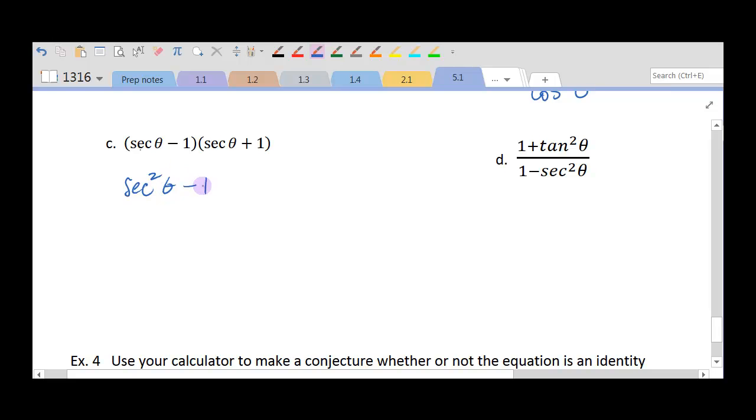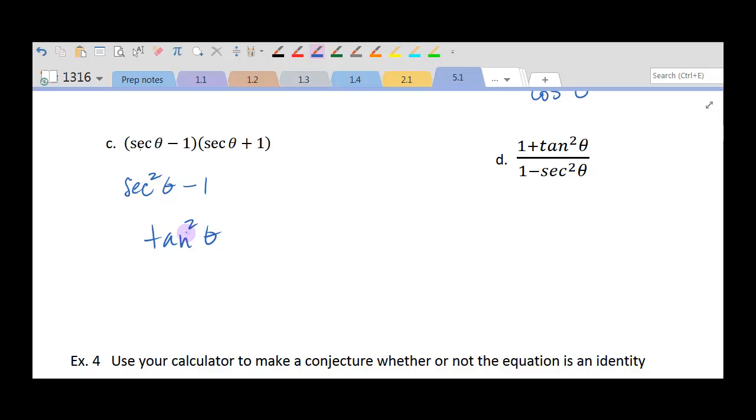Secant squared theta minus 1, hopefully, ding ding, you should be thinking Pythagorean identities, is just a manipulation of tan squared theta. So I can rewrite secant squared theta minus 1 as tan squared theta.